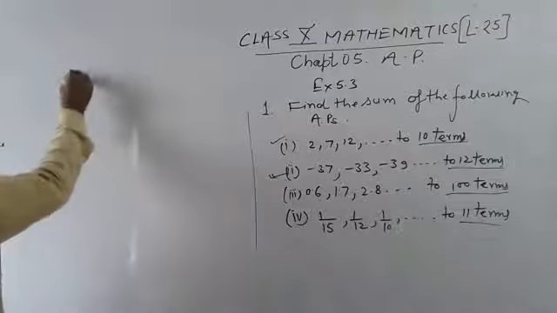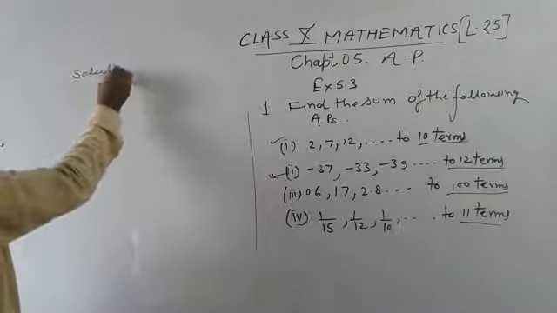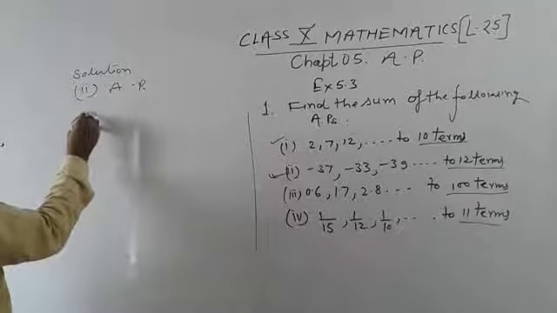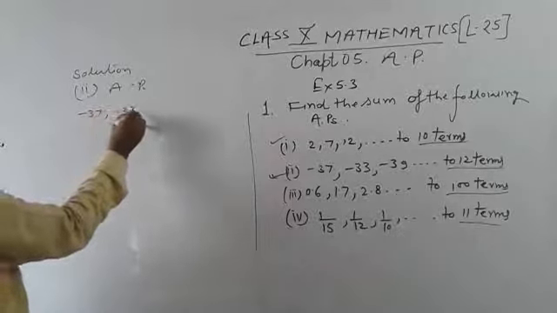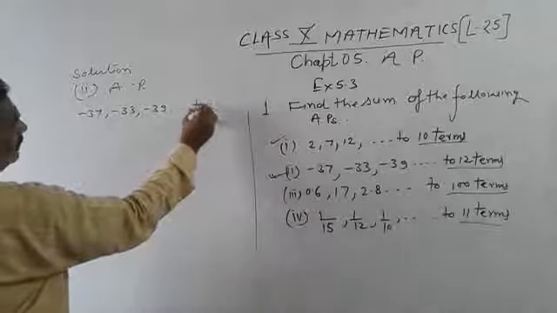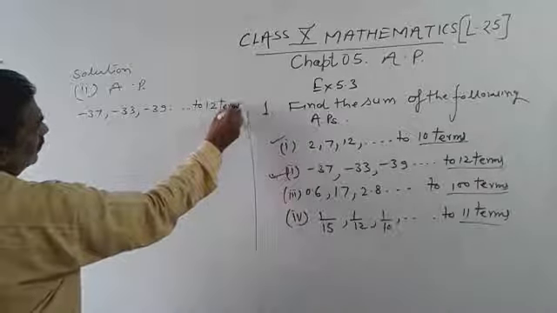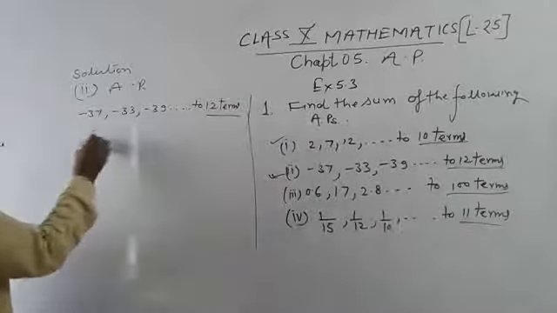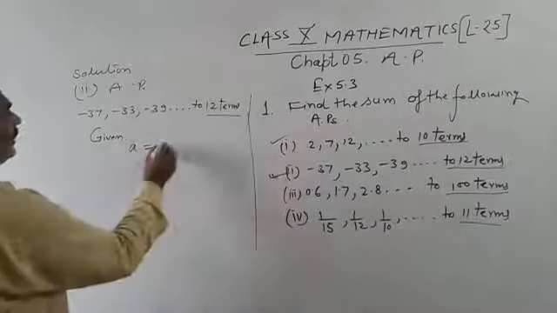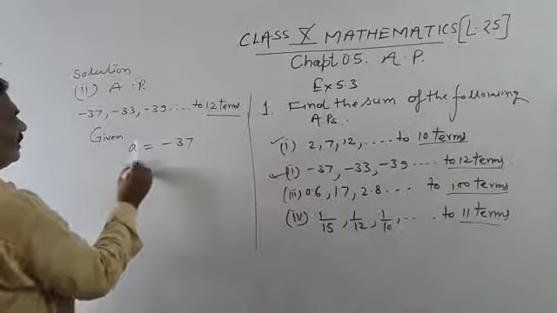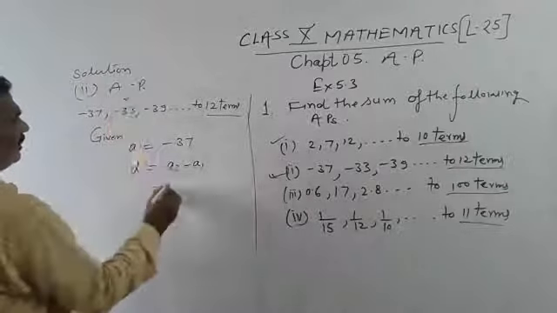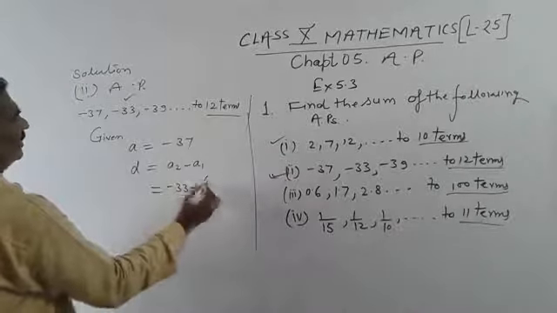Solution of the second part: the AP is given, minus 37, minus 33, minus 29 up to 12 terms. Students, write the given points. Given a, the first term, is minus 37, and the common difference is a2 minus a1, where a2 is minus 33 and a1 is minus 37.